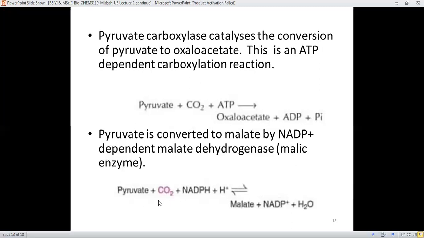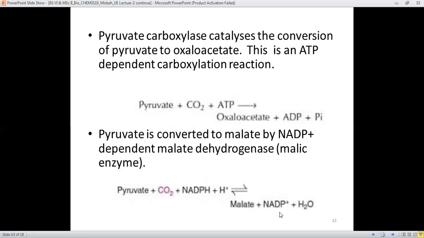Pyruvate is converted into malate, and malate is also a very important intermediate for carrying out the reactions of the TCA. It means that pyruvate can be converted to oxaloacetate and pyruvate can be converted into malate.